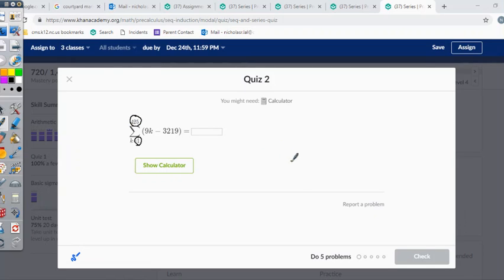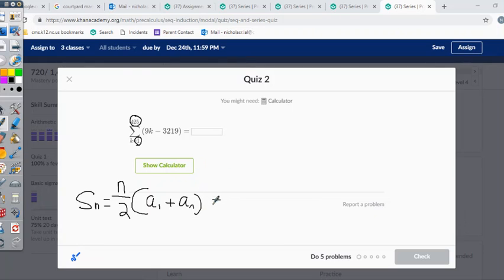And so here we're going to have to use our series formula. Any series, Sn, is equal to the number of terms divided by 2 times the first term plus the last term.